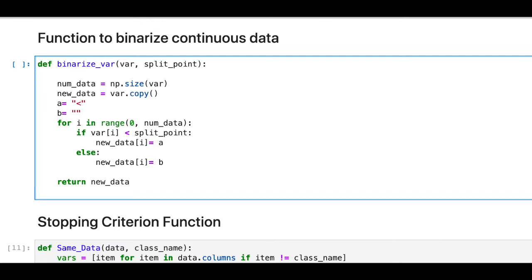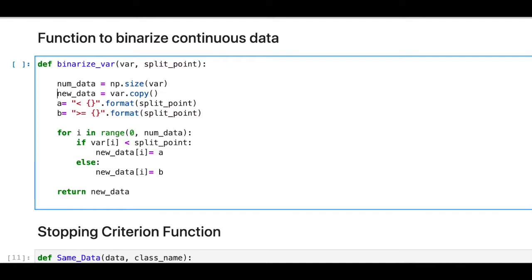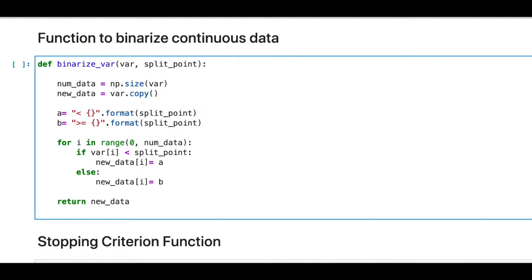We want these nodes to keep the information of the split point in the tree. So let's call them like, here we go.